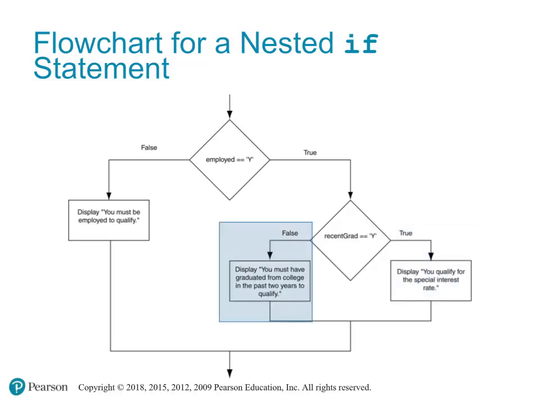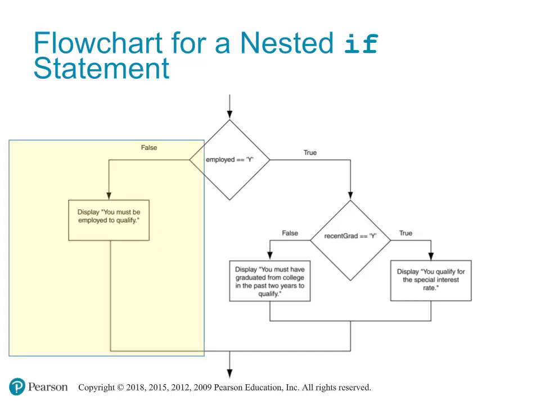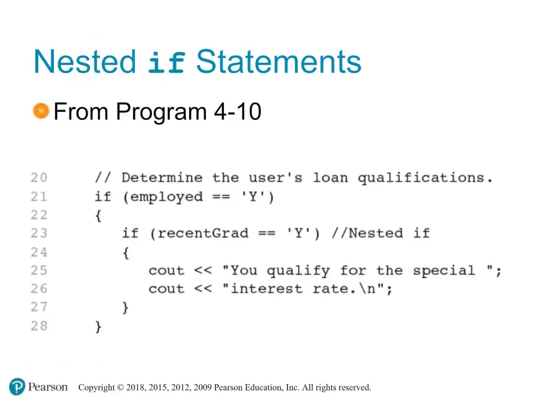If it is false, we display you must have graduated from college in the past 2 years to qualify. And in the case if employed equal y is false, we display you must be employed to qualify. This piece of code is in program 4-10.